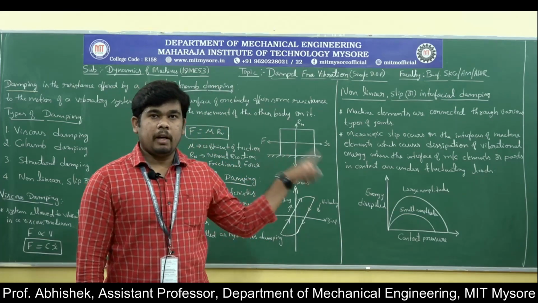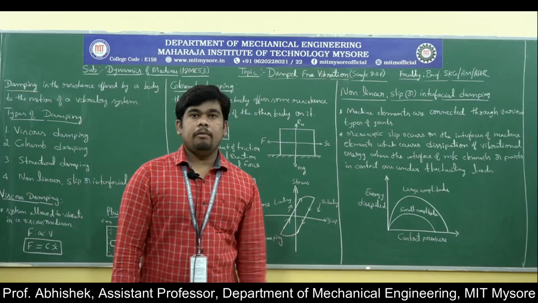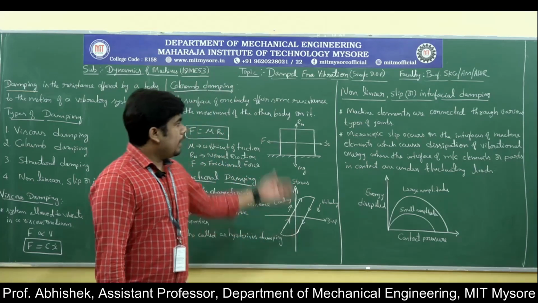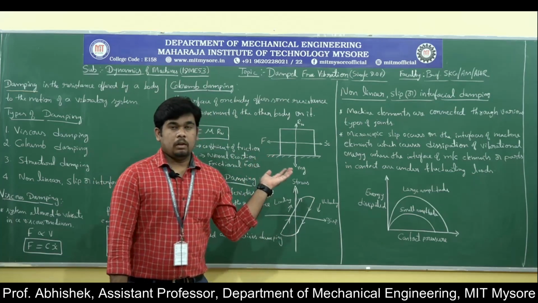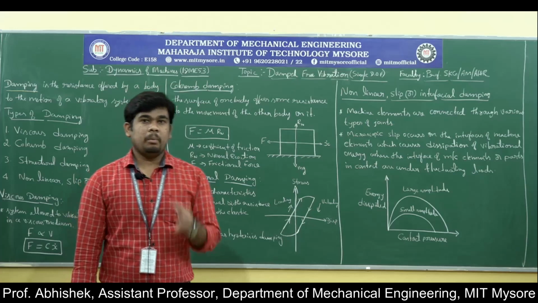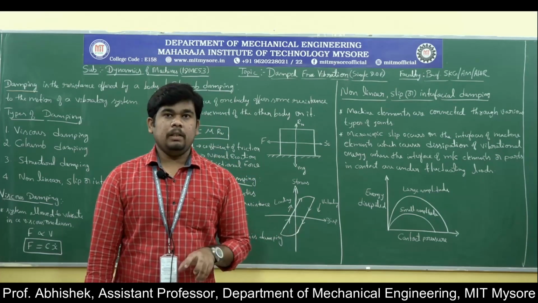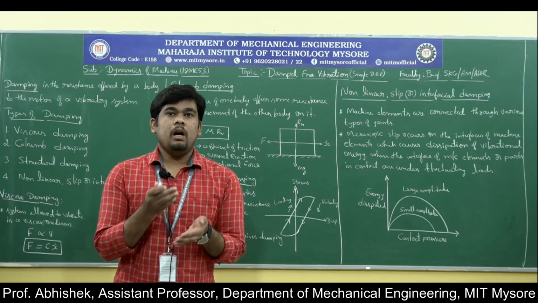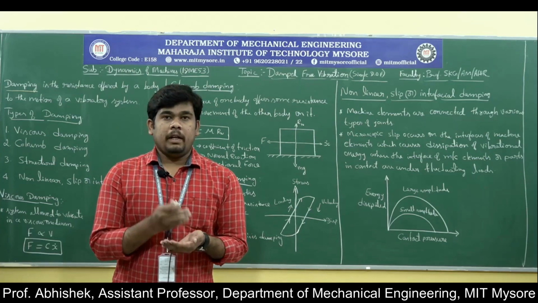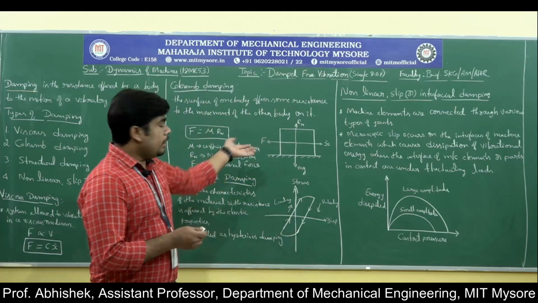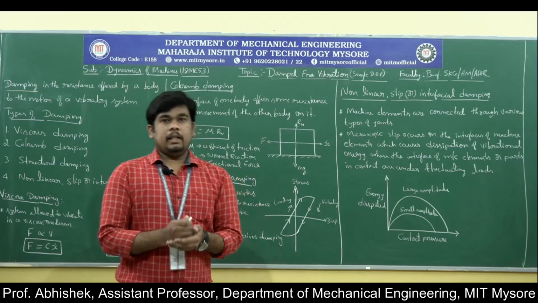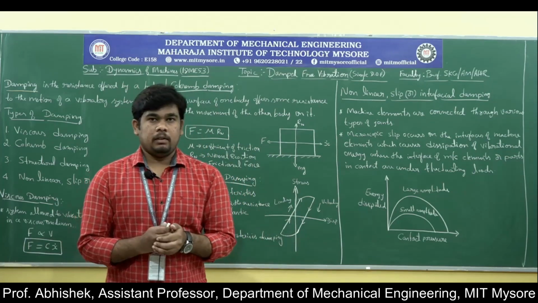Damped free vibration of single degree of freedom means, in the previous topic you have learned the vibration concept of undamped condition, means without any resistance to the vibrating body. Here we are going to consider the damping effect.